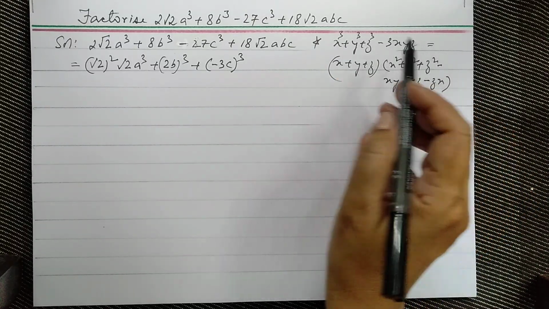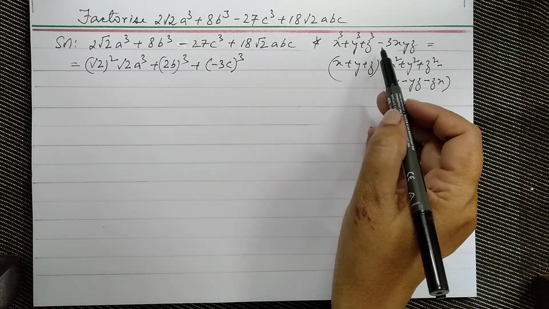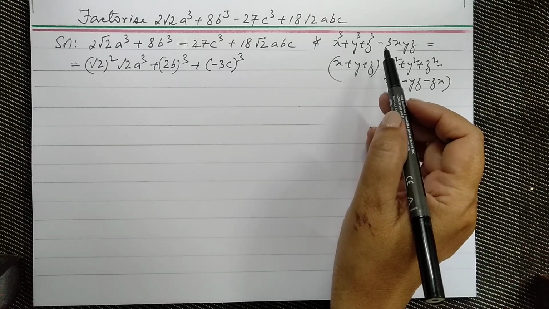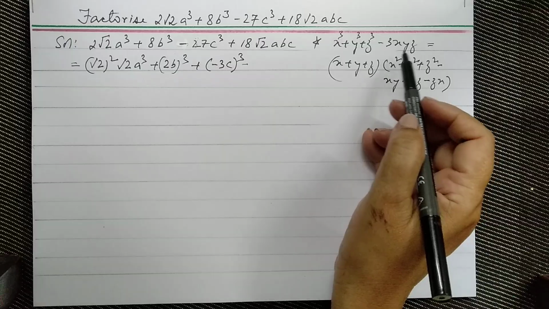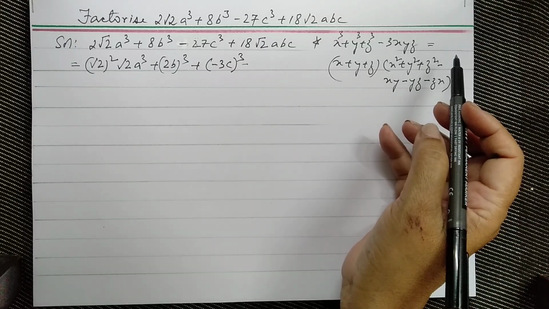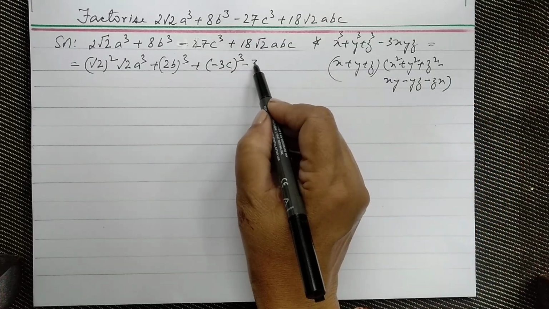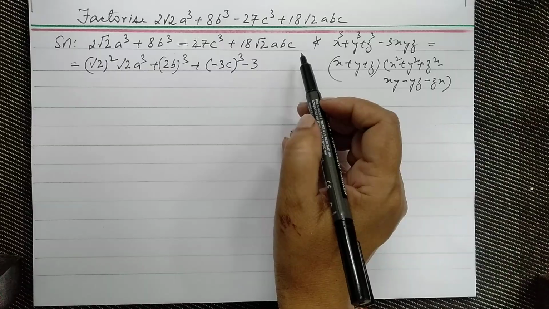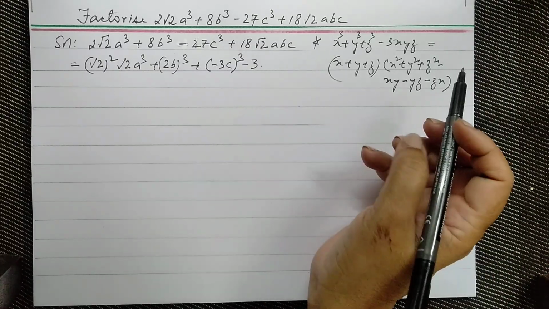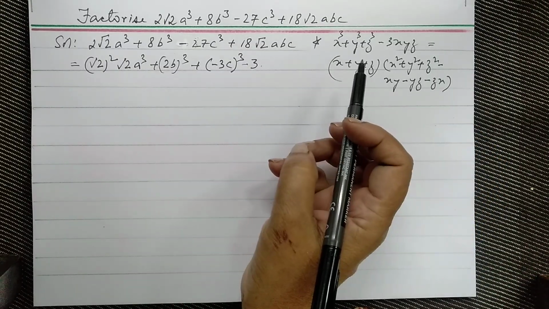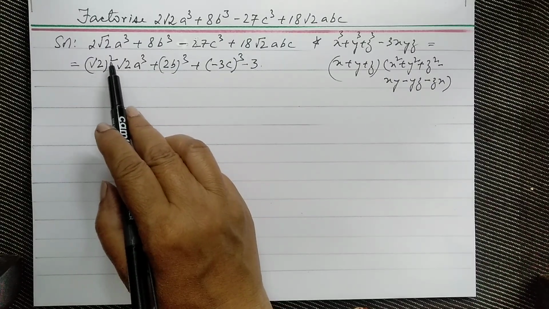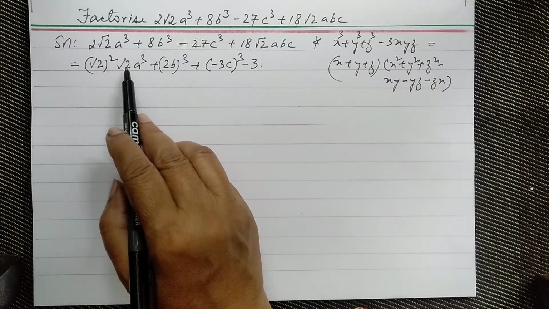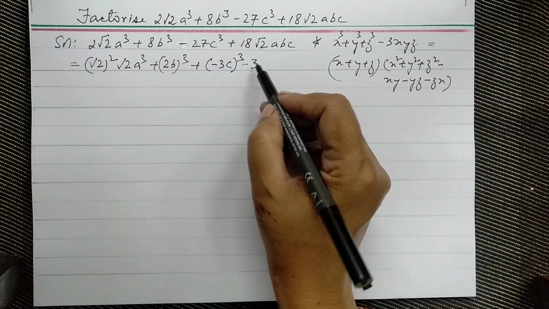What about this portion? Since we have a minus over here, we can put a minus here, following the pattern of the identity. We put a 3 here, multiplied by what? We have root 2 into root 2 and root 2. Okay, so let's do one thing.